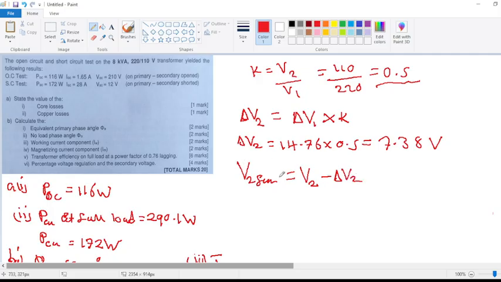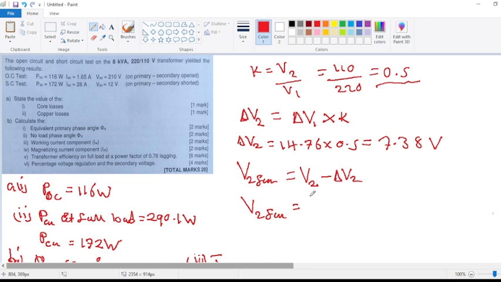Here we've been given 110, which is the voltage on the secondary side, V2, and the voltage drop we've calculated to be 7.38.